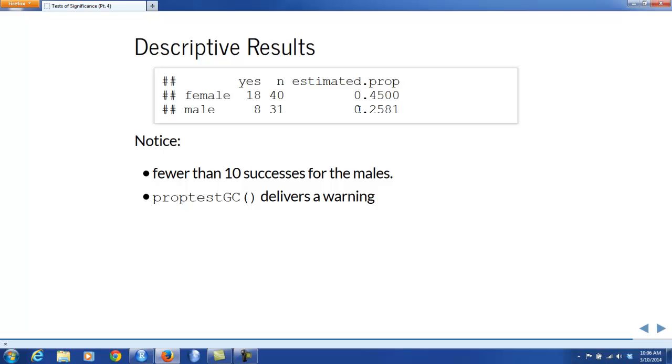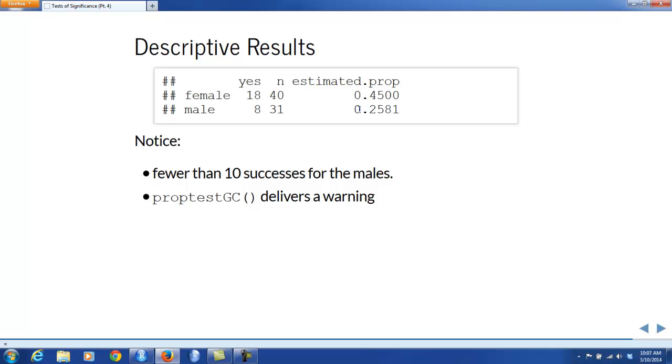If you were to run the code, you get descriptive results first. The two-way table is repeated, but also the p hats, the estimated proportions, are given as well, and so we see that 19% difference. But notice also, when you're thinking about safety checks, you need at least 10 successes and at least 10 failures in each of your 2 samples before you can really trust the confidence intervals and the approximations for p-values that these tests deliver.